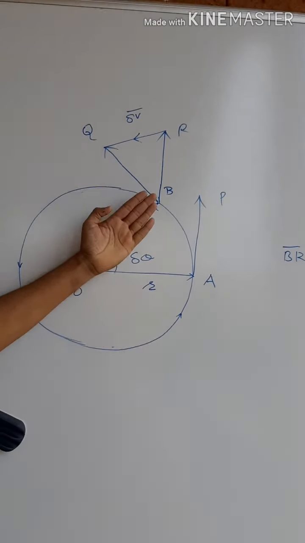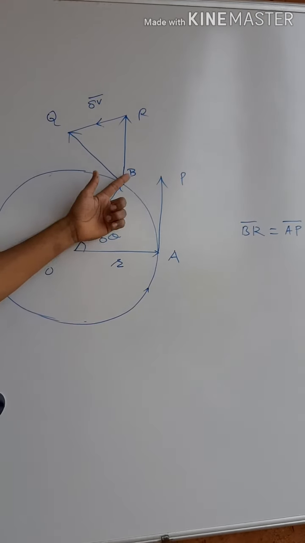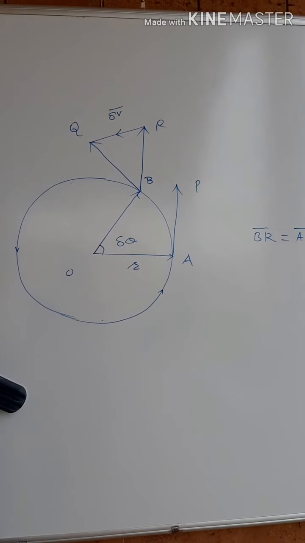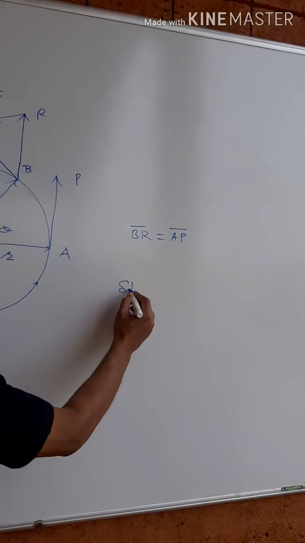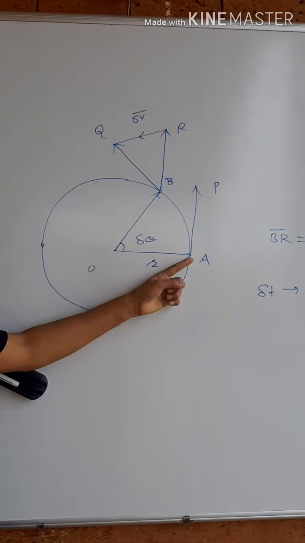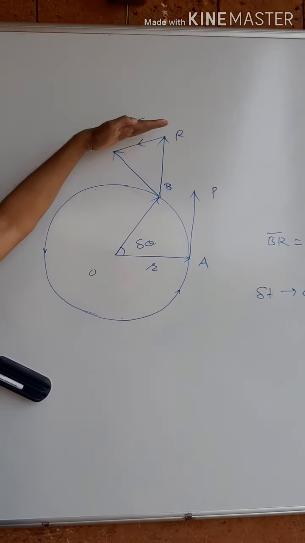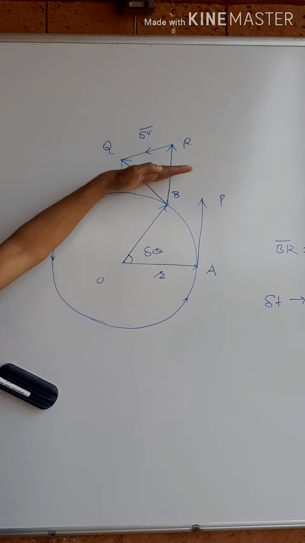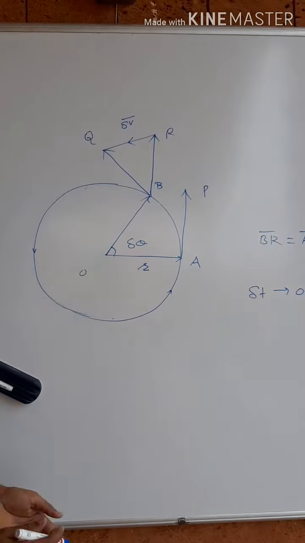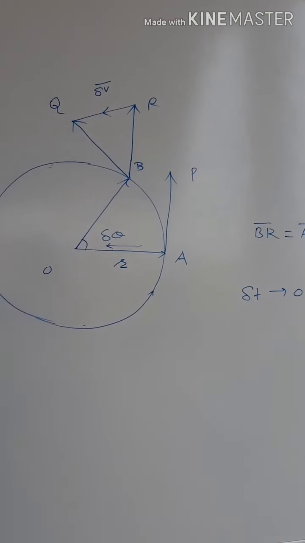And so if the time interval delta t is continuously reduced, then point B approaches point A. And when delta t tends to 0, point B is very close to point A. And therefore this vector of change in velocity, at the instant delta t tends to 0, is along the radius and directed towards the center.